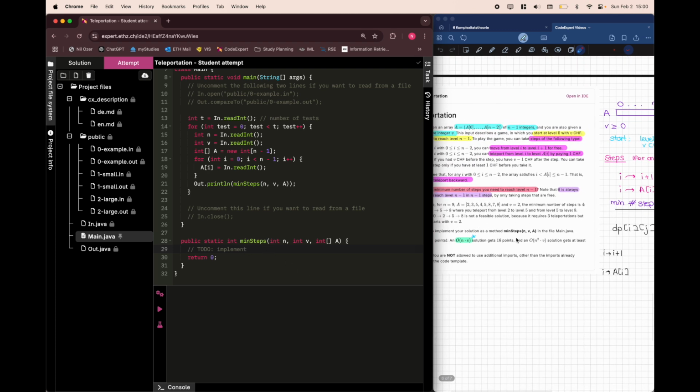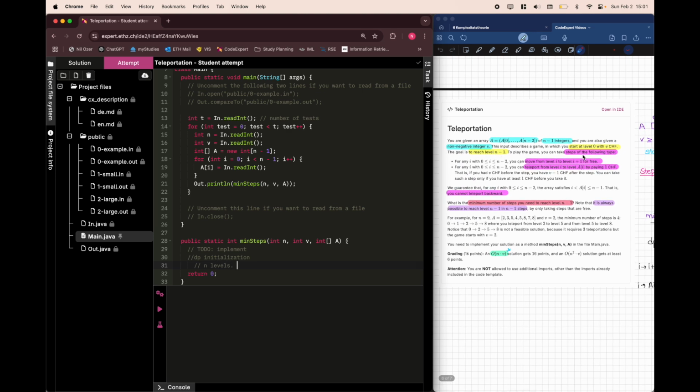Again, what are the dimensions of our DP table? We have n levels, starting from 0 going till n-1. This is our DP initialization. Because you start from level 0 and reach level n-1, there are n levels.